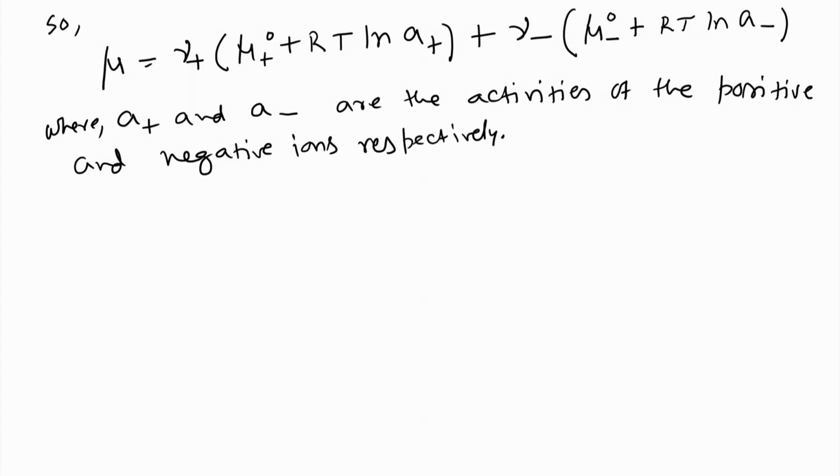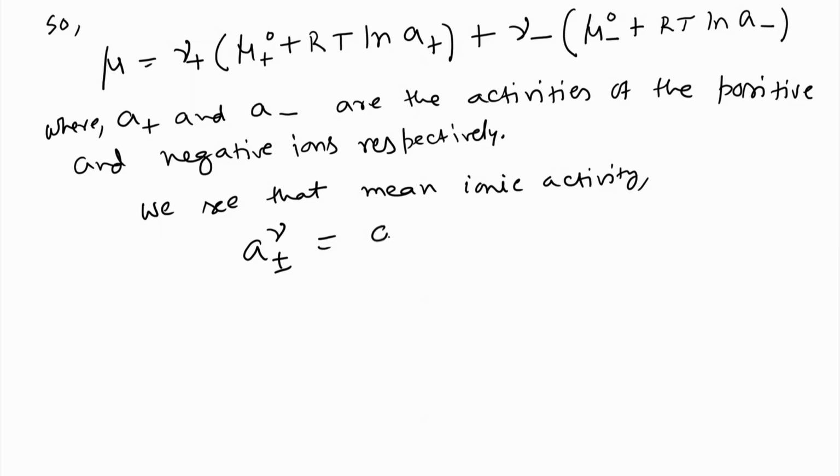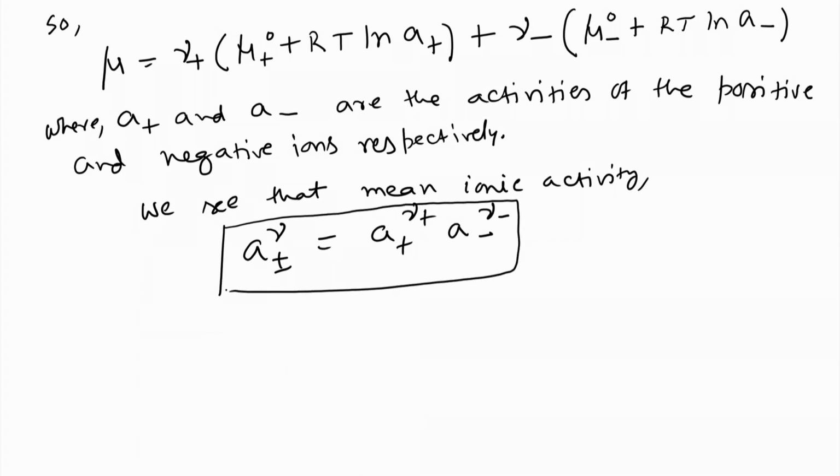Now we see that the mean ionic activity is given by A plus minus to the nu equals A plus to the nu plus times A minus to the nu minus.